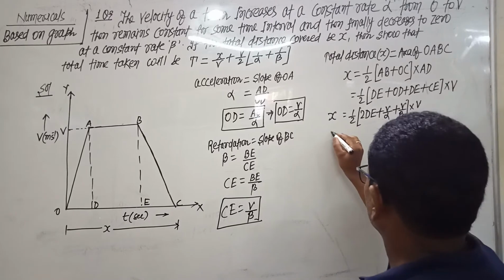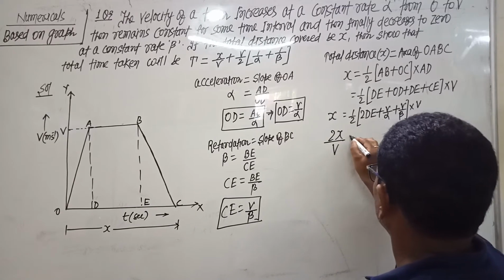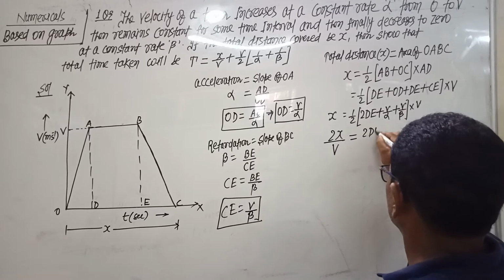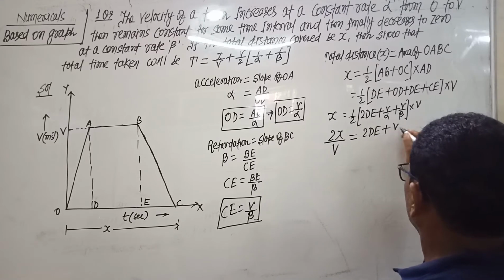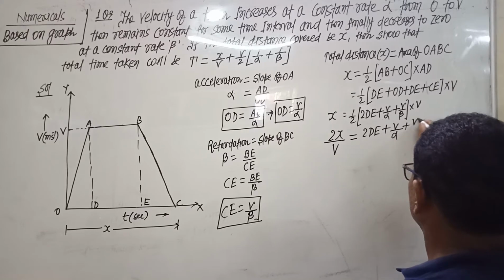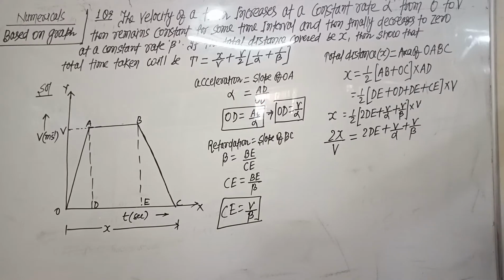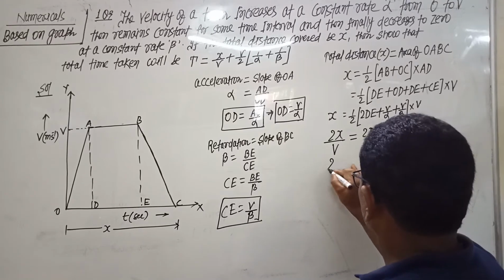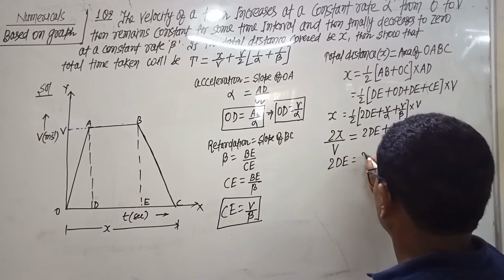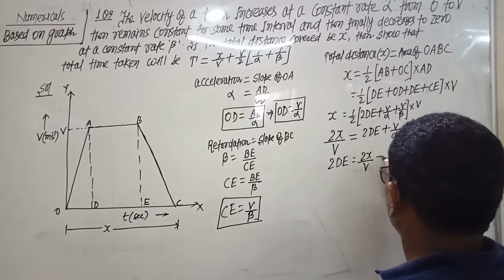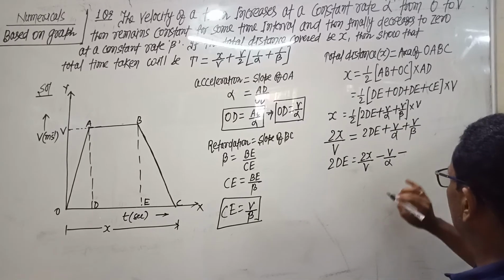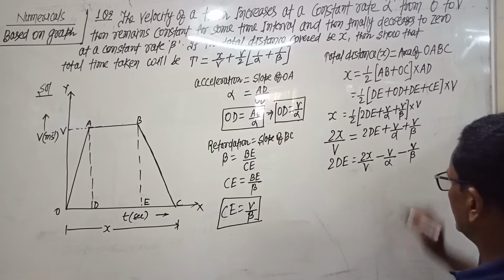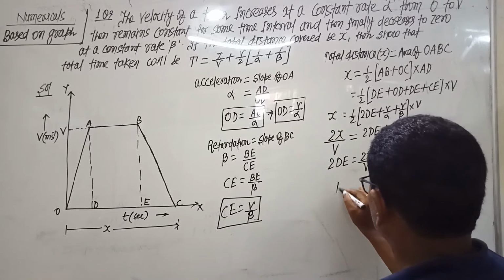Now do the cross multiplication. So 2x upon v equals twice DE plus v by alpha plus v by beta. Twice of DE equals 2x by v minus v by alpha minus v by beta, and we will calculate DE.